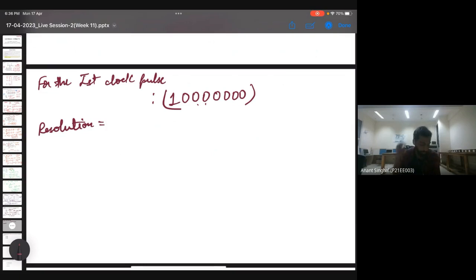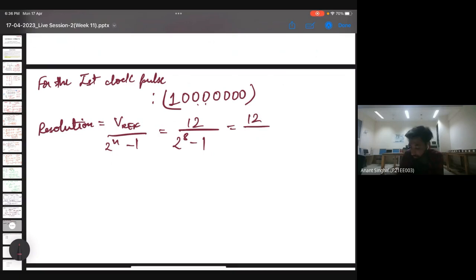So the resolution is nothing but V ref upon 2 to the power n minus 1, which will be 12 upon, since this is an 8-bit ADC, 2 to the power 8 is 256 minus 1. Let's check what it comes out to be: 0.047 volts.